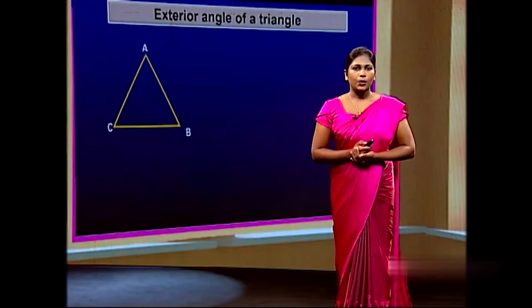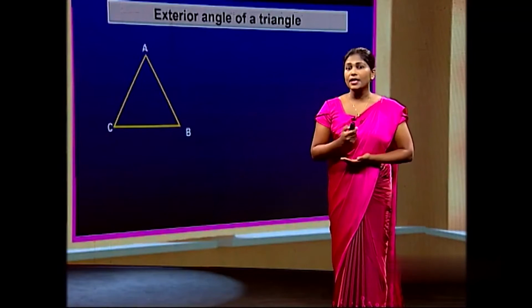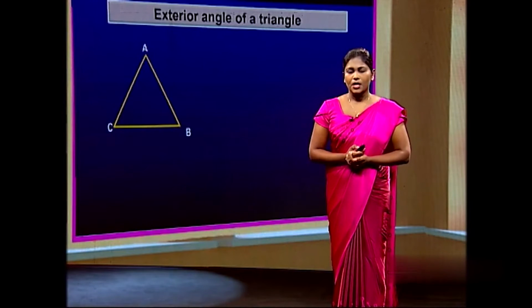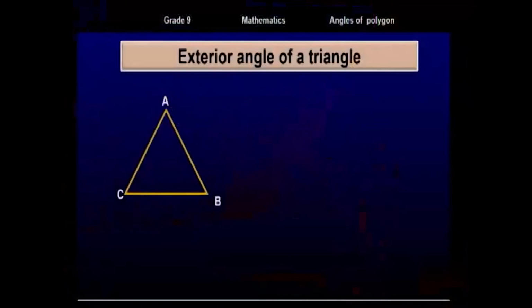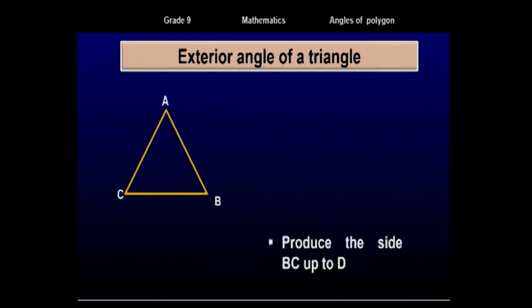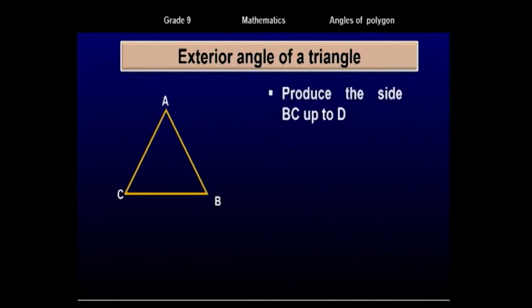Next we discuss the exterior angles of a polygon. First of all we discuss the exterior angles of a triangle. Now you can see triangle ABC. Hope you are ready. Okay children, now we are going to produce a line. Produce the side BC up to D. And there is an exterior angle.